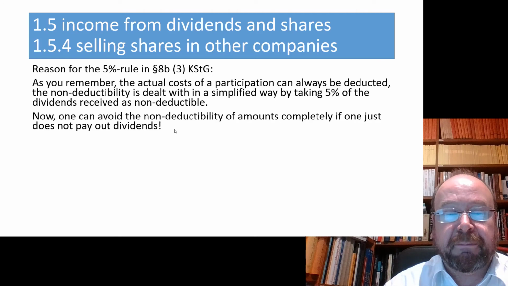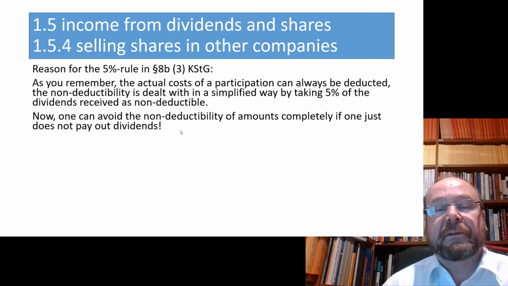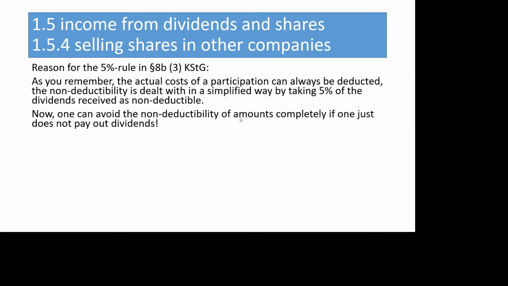And now you can play a very, very clever trick, just pay yourself no dividends. In that case, everything's very, very fine because 5% of a dividend of 0, which you get, is a lump sum of 5% of 0, namely 0.